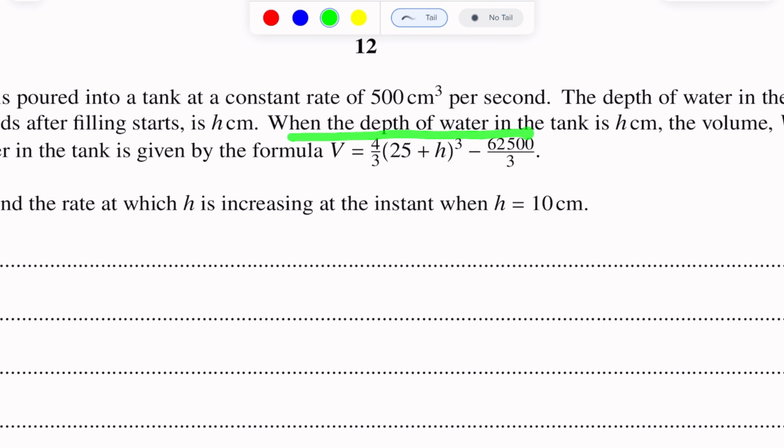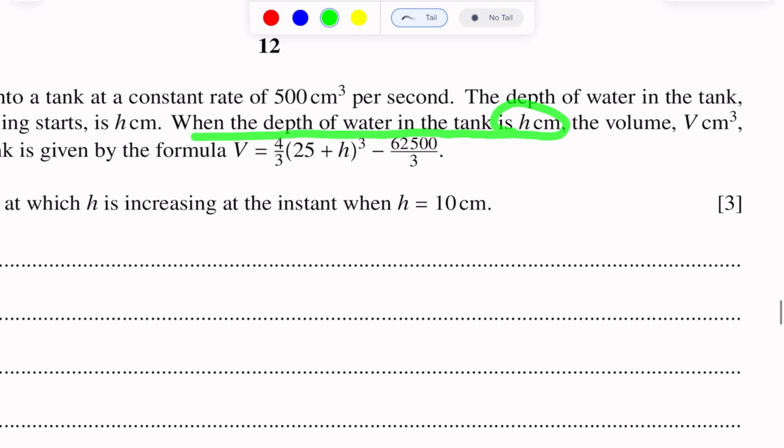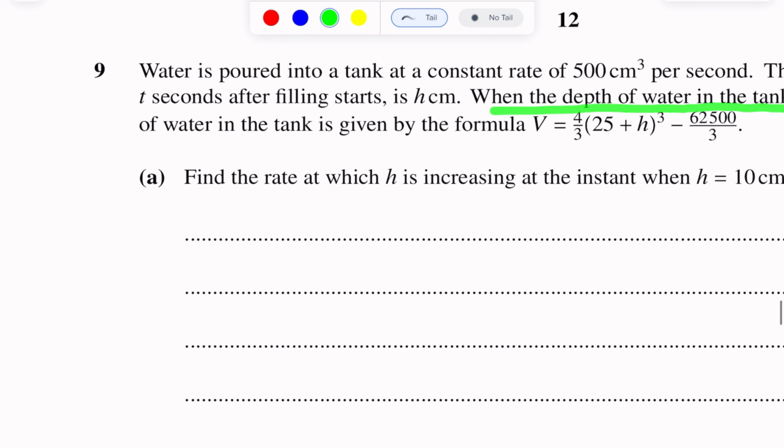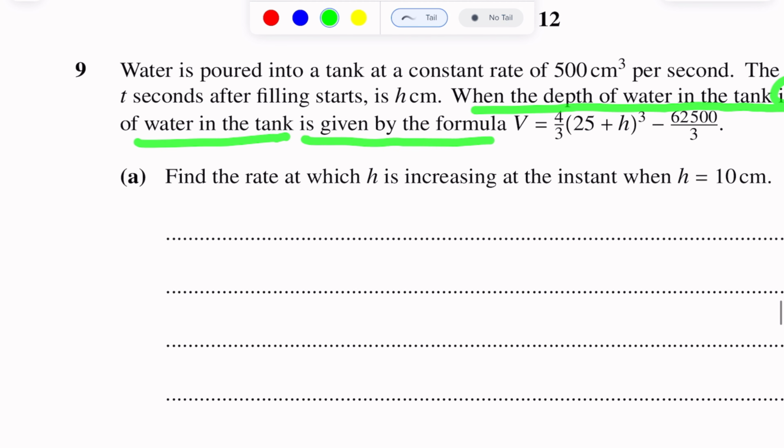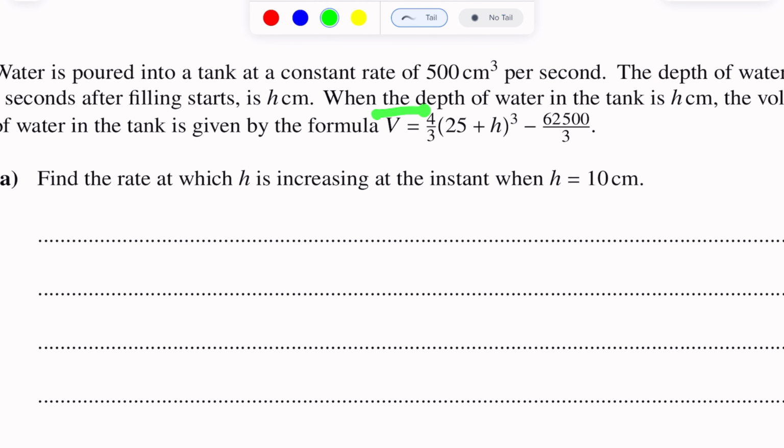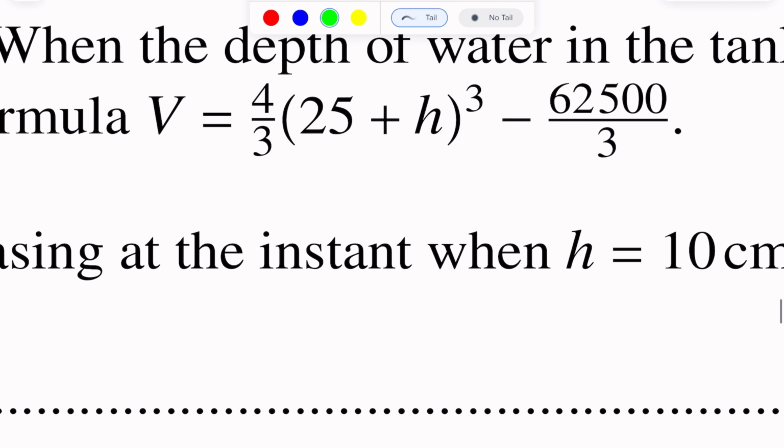When the depth of the water in the tank is h cm, the volume V cm cube of the water in the tank is given by the formula V is equal to 4 over 3 (25 plus h) whole cube minus 62500 over 3. This is a relation between volume and height.